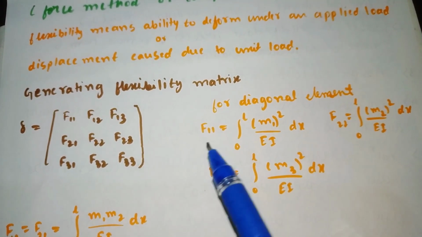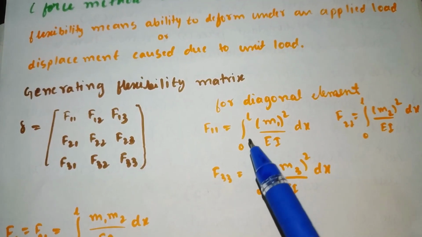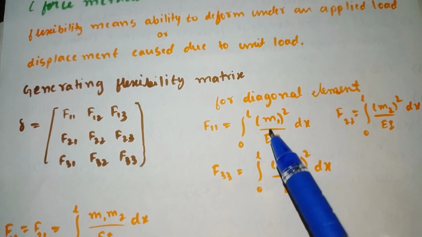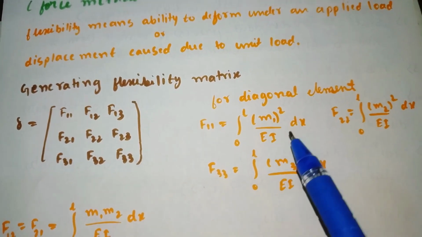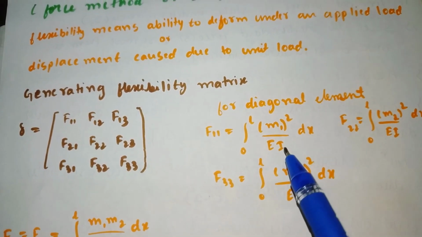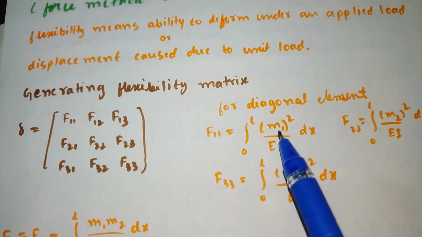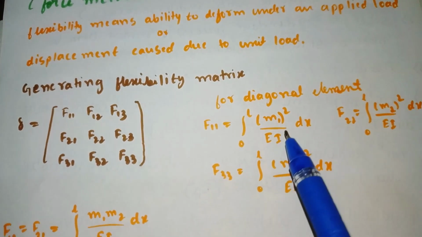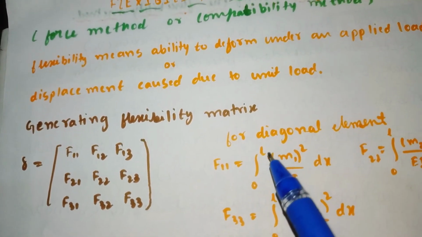F11 is equal to the integration from 0 to L of M1 squared divided by EI into dx. Here EI is constant and M1 means bending moment. I will tell you later what M1 is and how to find it.